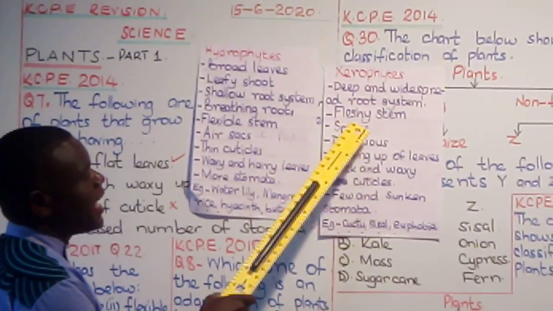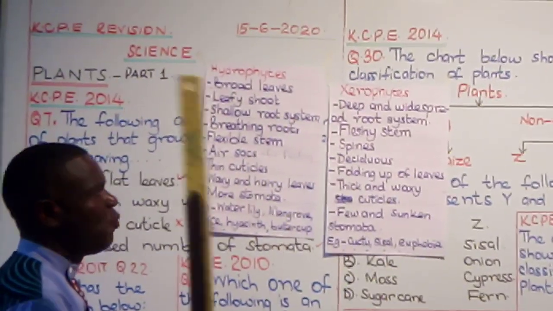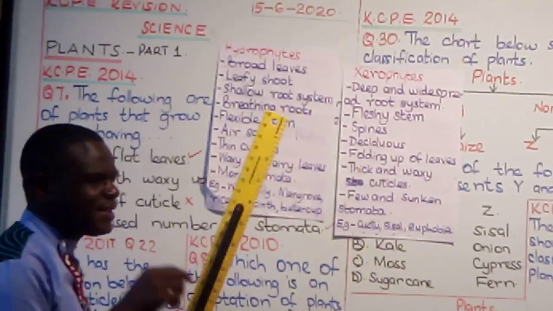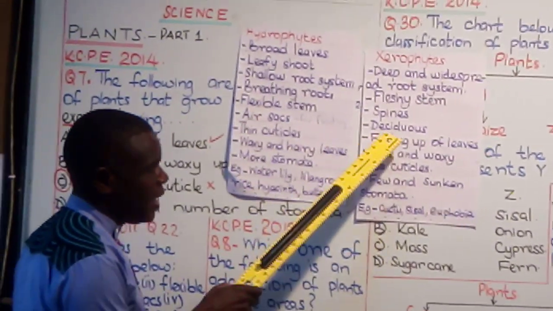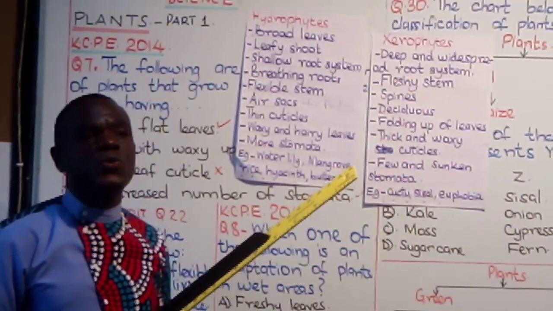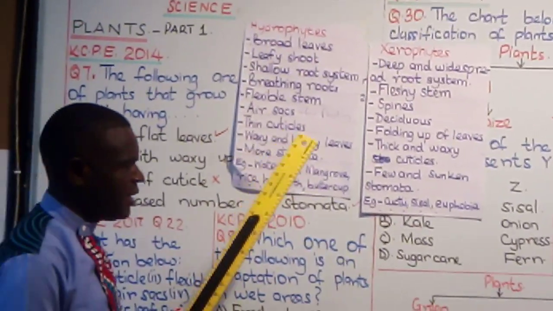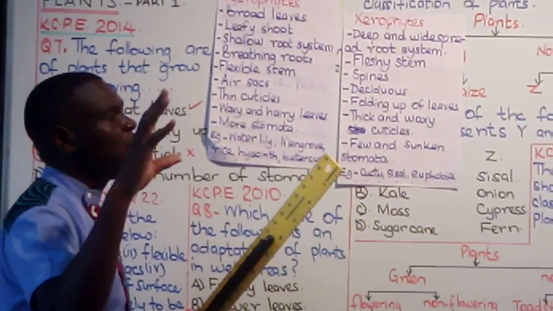Their stems are fleshy, to store food and water. Their leaves are reduced to spines, very tiny, to check the rate of transpiration. And other plants are deciduous. That means they shed off their leaves in dry seasons, and they begin to sprout their leaves in wet seasons.